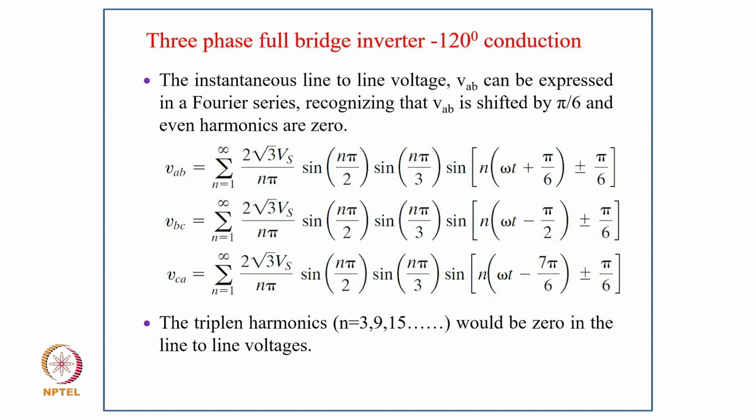VBC equal to sum over n equal to 1, 3 to infinity of root 3 Vs upon n pi, that is sin n pi by 2, sin n pi by 3 and sin in bracket n omega t minus pi by 2, plus minus pi by 6, and VCA equal to sum over n to infinity of root 3 Vs by n pi, sin n pi by 2, sin n pi by 3 and sin in bracket n omega t minus 7 pi by 6, plus minus pi by 6. So the triplen harmonics would be 0 in the line to line voltage.